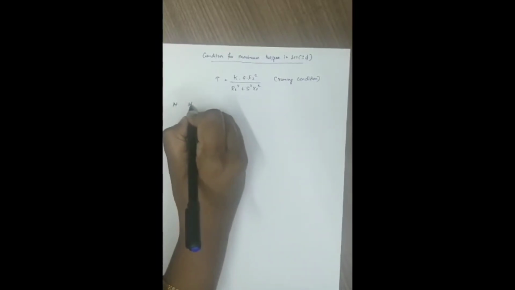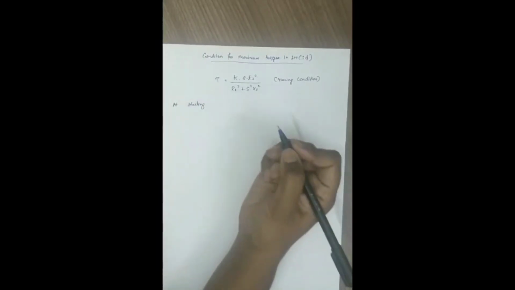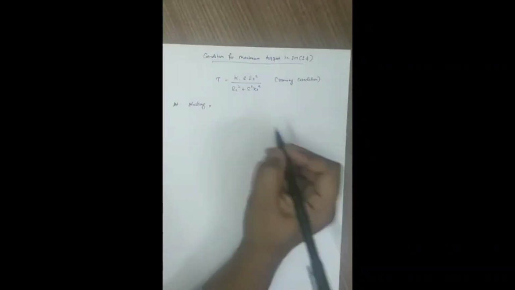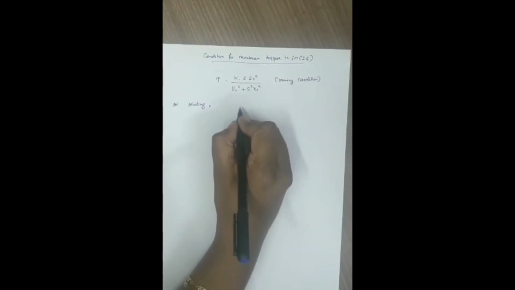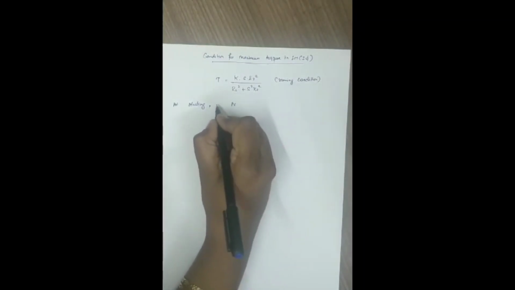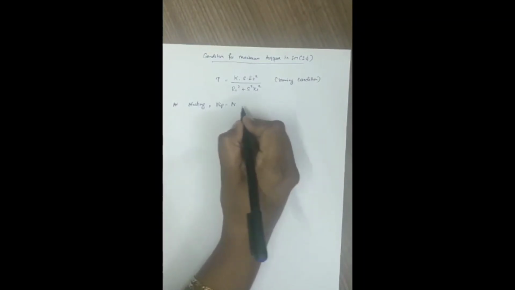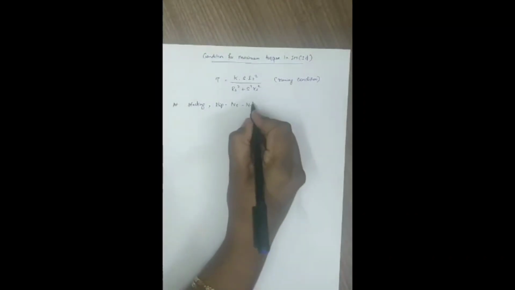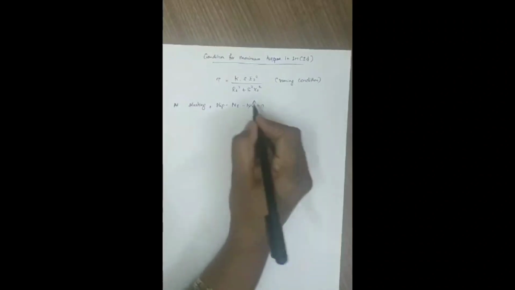At starting, the parameter that changes is the slip, which is equal to Ns minus Nr. At starting, Nr is equal to 0.